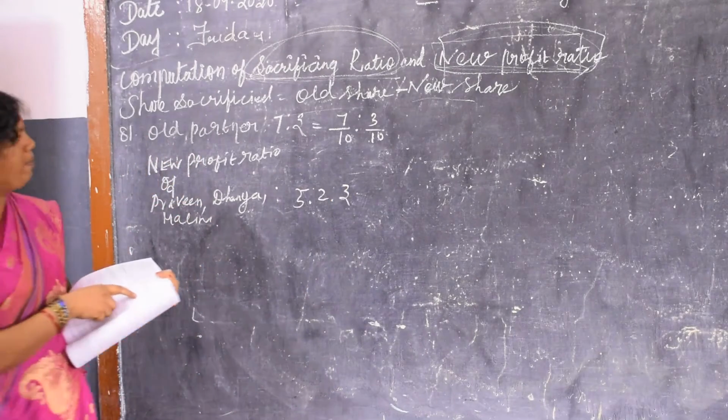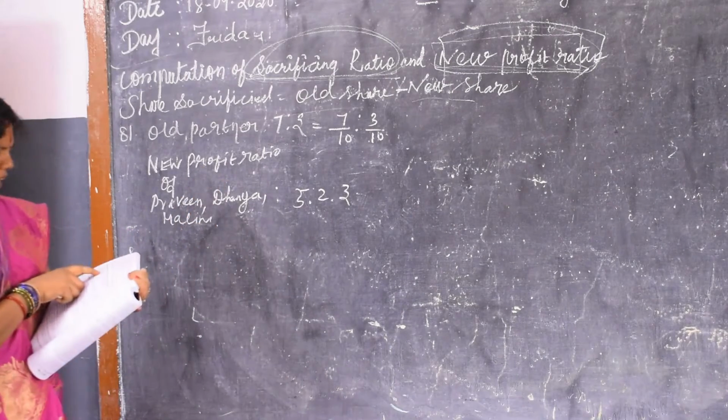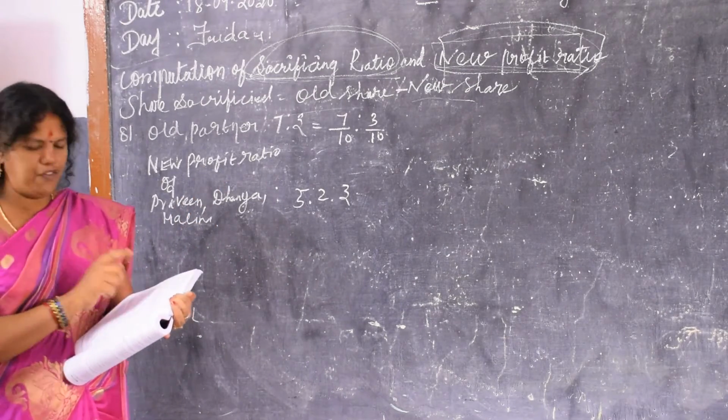So they admit Malini into the firm. Calculate the sacrificing ratio.